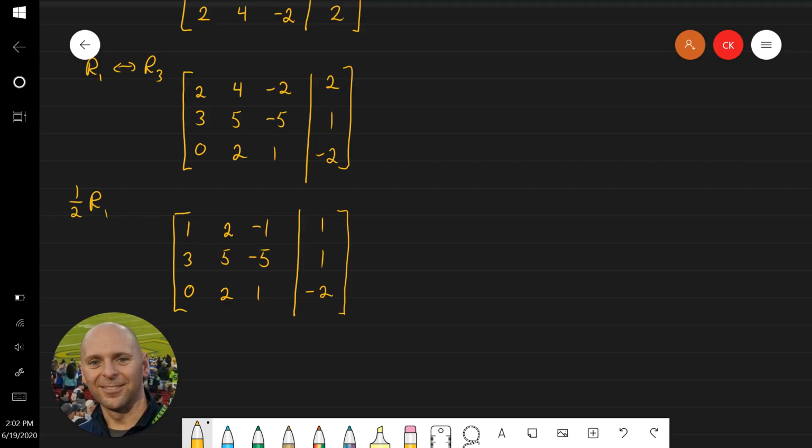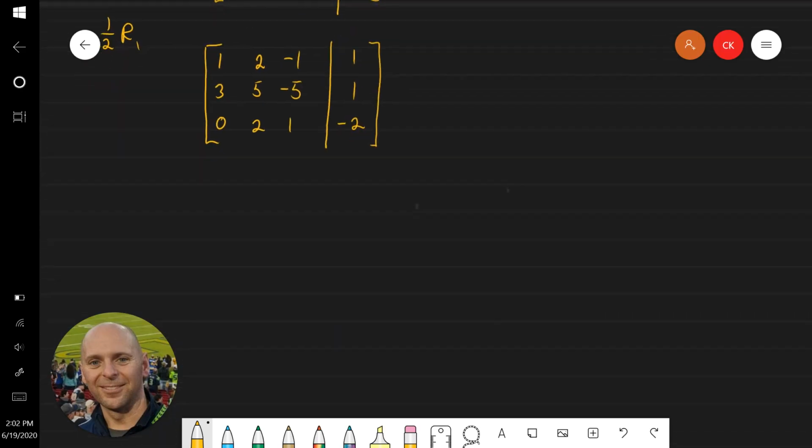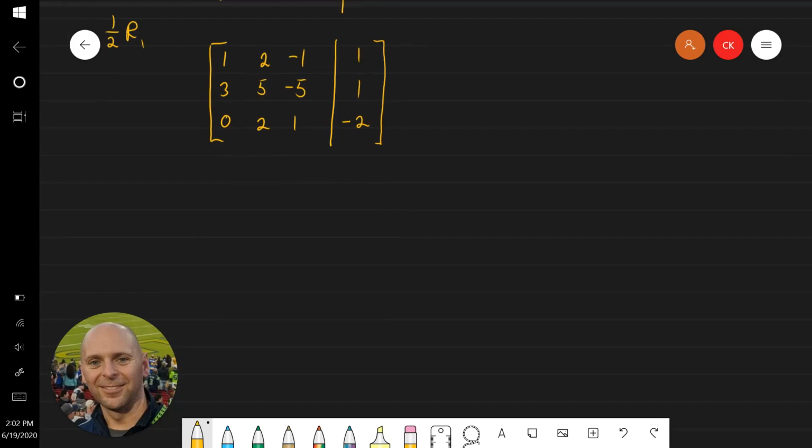So now let's practice this rule where we can replace a row with a combination of other things. In this case, we'll make a new row 2, and I'll just indicate that with a little star here. And this is going to be equal to minus 3 times row 1 plus row 2. And this will be, again, our new second row.